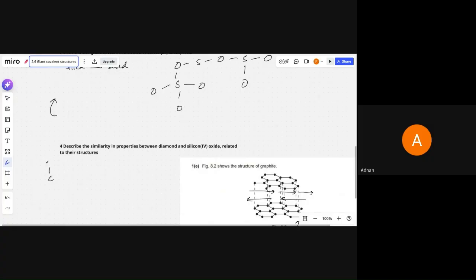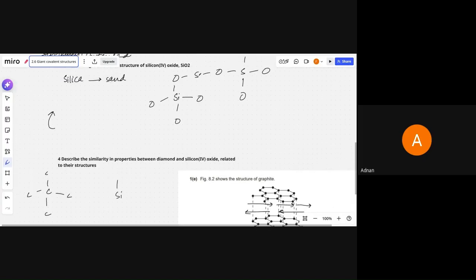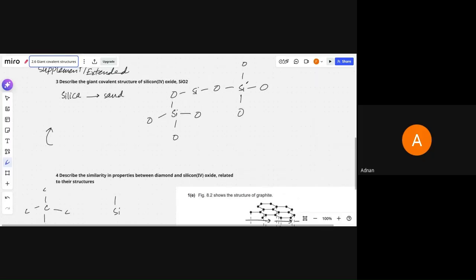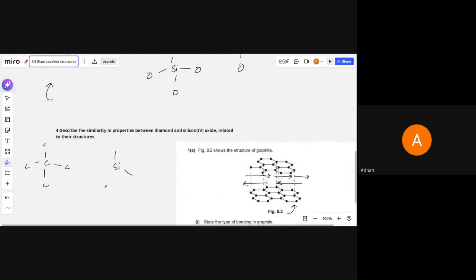In diamond, carbon is connected to four other carbon atoms, and in silicon dioxide, silicon is bonded to four oxygen atoms, and they both have tetrahedral structures, and they are very hard. Diamond is harder than silicon dioxide, but both of them are extremely hard substances.